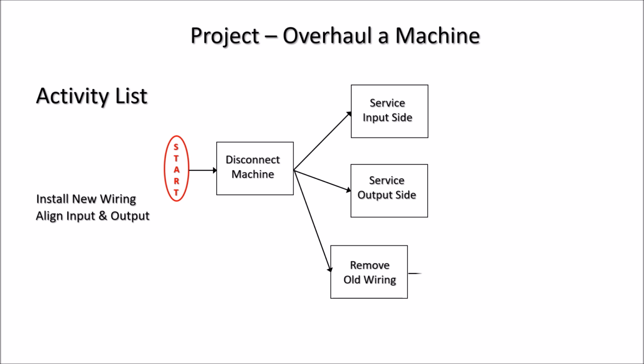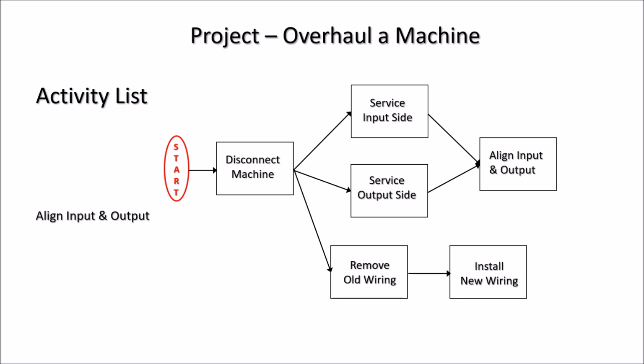Next, we have to install the new wiring, and to do that, we need the old wiring removed. And finally, we need to align the output and input. And in order to do that, we need the services complete on both the input side and the output side. And having moved all of those into their correct sequence, we are now at the end of our project.